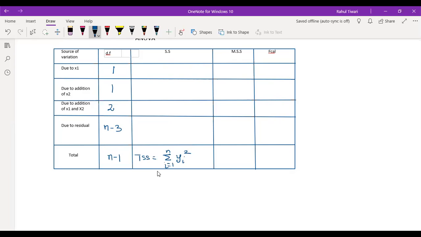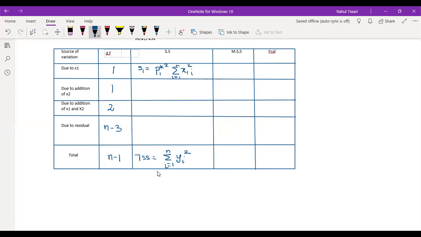So this we have already seen how to calculate, in the last class. And then we have the formula for beta 1, that is due to x1. So due to x1 we can call, let's say, this is S1, which is equal to beta 1 star square summation x1i square, where i is running from 1 to n.